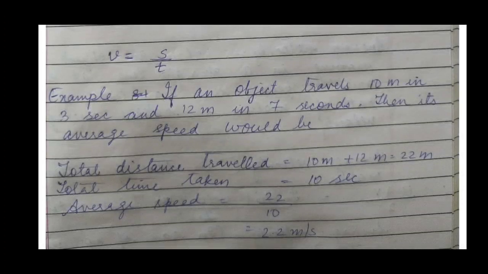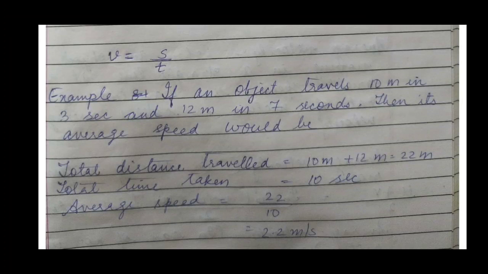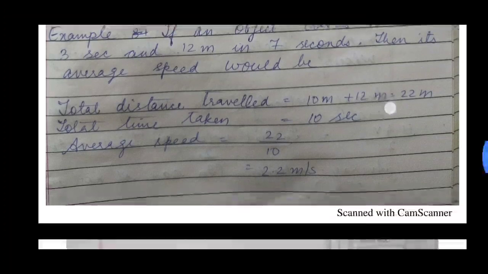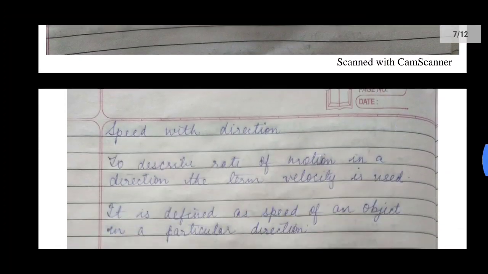Okay, so from here we can see that it is a non-uniform motion. 10 meters traveled in 3 seconds and 12 meters traveled in 7 seconds. So this is a non-uniform speed. So if you are considering average speed, total distance will be 10 meters plus 12 meters, that is 22 meters, and the total time will be 3 seconds plus 7 seconds, that is 10 seconds. So 22 upon 10 is 2.2 meter per second. So your average speed will be 2.2 meter per second.